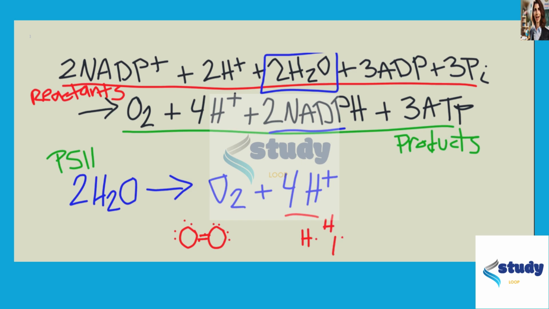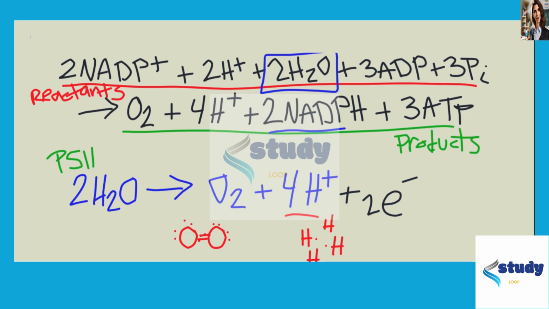Okay, so these 4 are going to find a way to share 2 electrons so that their outer shell is full, and then we get 2 electrons sort of free. And so this sort of answers both A and B.